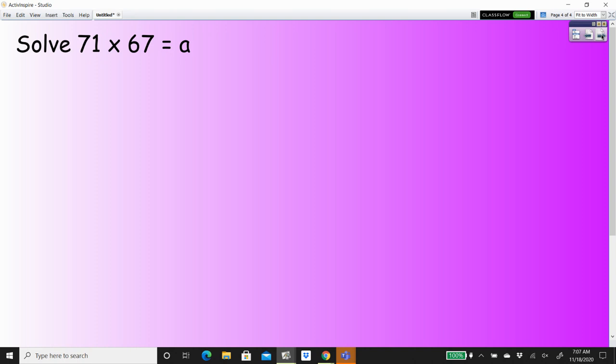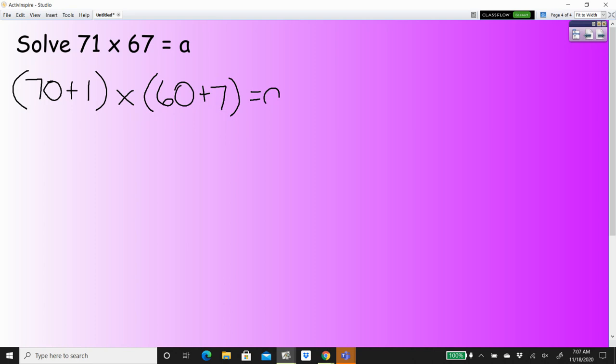Step 1, write both factors in expanded form. 71 in expanded form is 70 plus 1. I am multiplying that expanded form by the expanded form of 67, which is 60 plus 7 equals A. That's the variable I'm using.